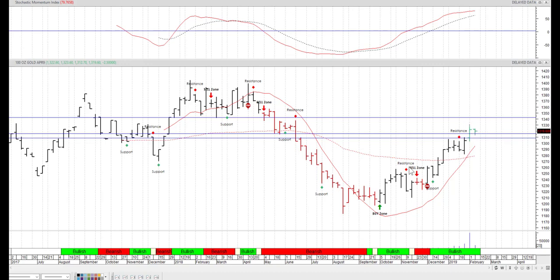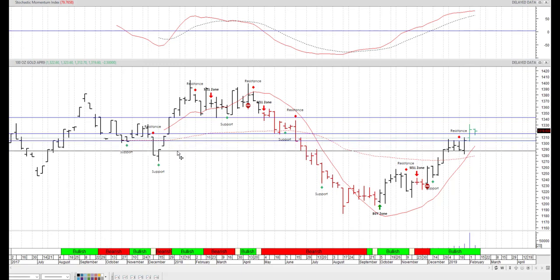Deep pullbacks, going to remain buy zones here. This chart is deeply bullish. It's very, very, very bullish. And so even if we get a deep pullback because of noise, currency, Brexit, whatever, that's what you're going to be looking for. All right, this has been the Metastock Map.